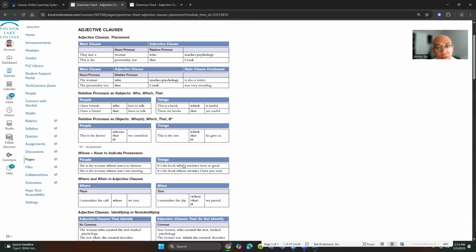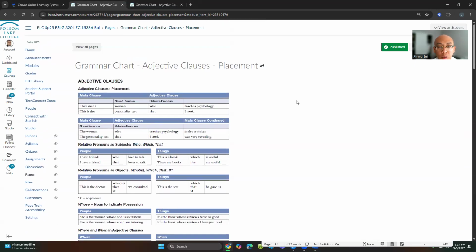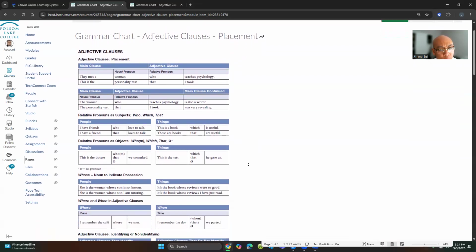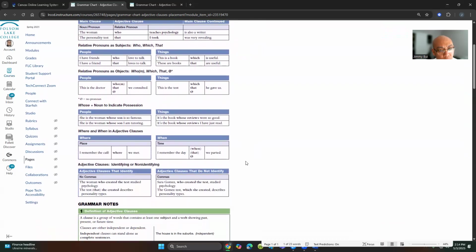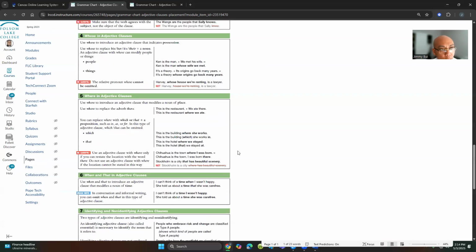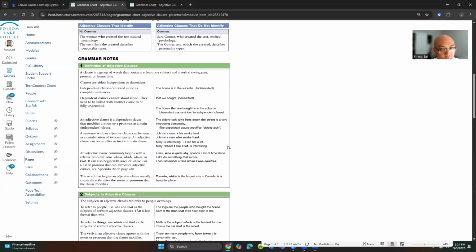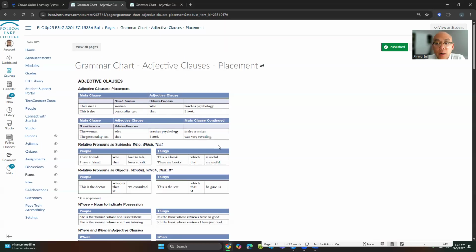refers to a person. Adjective clauses commonly are followed by certain relative pronouns. And some of these words here: who, that, which, where, whose, when. It's just several different words here. And of course, I'll be adding more examples into Canvas. That way you can read.